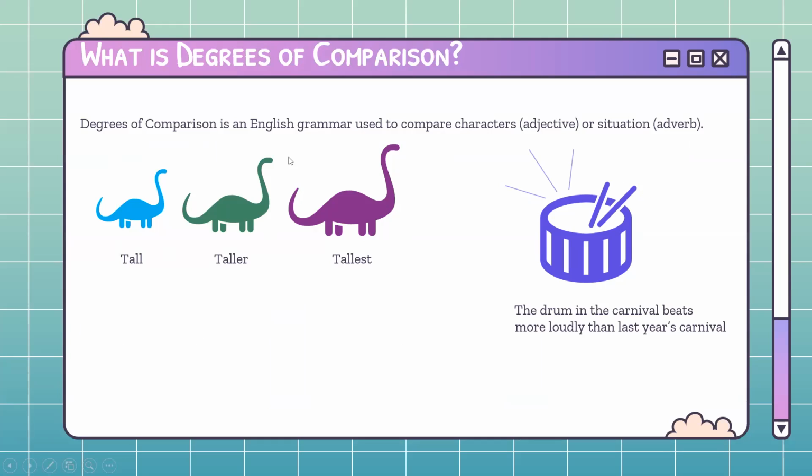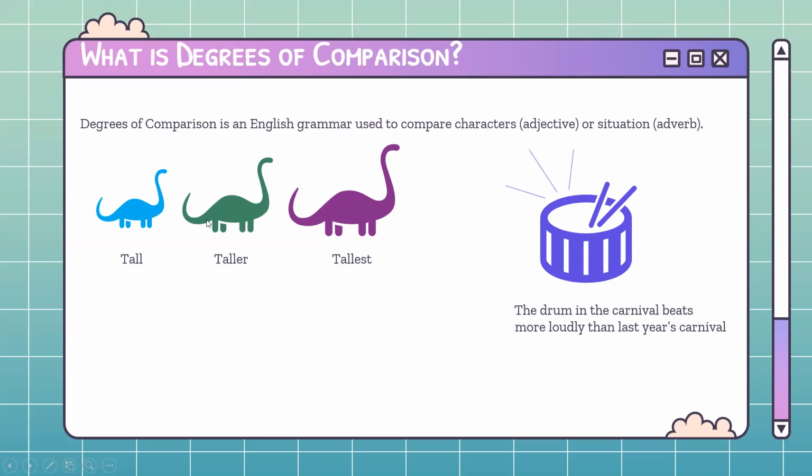There are 3 dinosaurs. The purple dinosaur is big. Oh, no. The blue dinosaur is tall. The green dinosaur is also tall, but it is taller than the blue one. And then the purple dinosaur is the tallest of all. So this is what we call degrees of comparison.